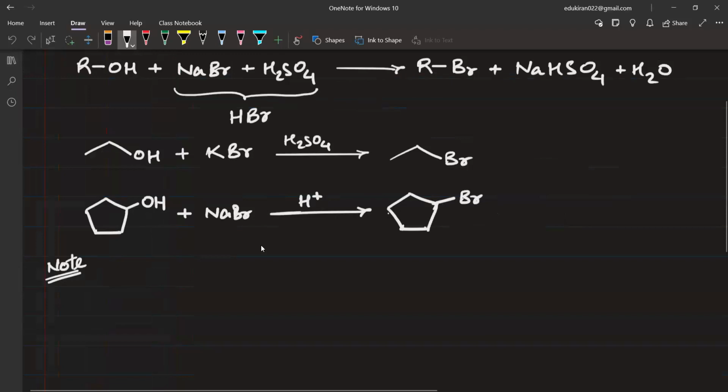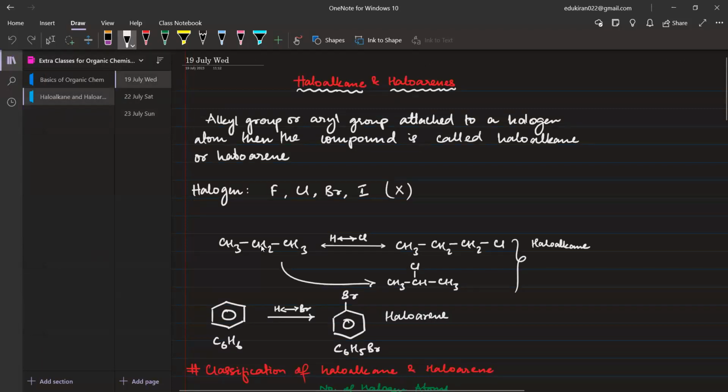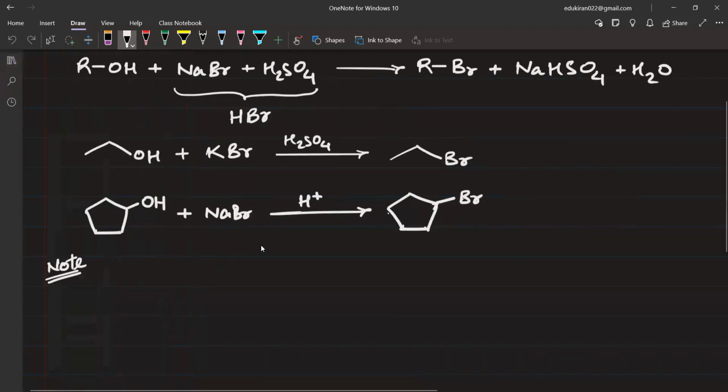It is an alkyl or aryl group attached to a halogen compound. What is a halogen? Halogen is Br over here.